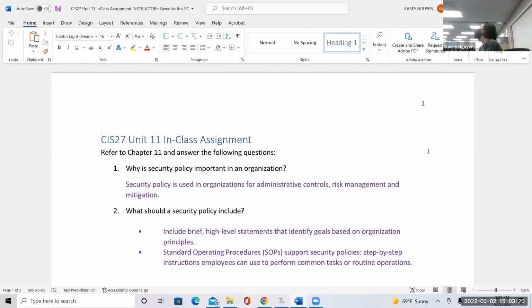For example, if we're looking at RCCD, our district, and all the colleges within, we would see that students use systems, staff and faculty use systems. So we have to make sure that we maintain those systems by following the rules. Part of our task is to write or establish these rules, and you can find templates online and modify or customize the policy to your organization.